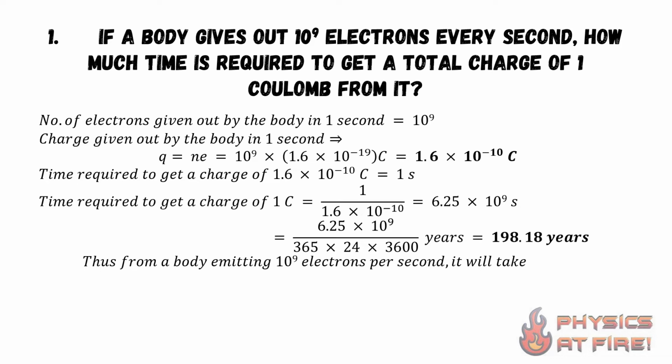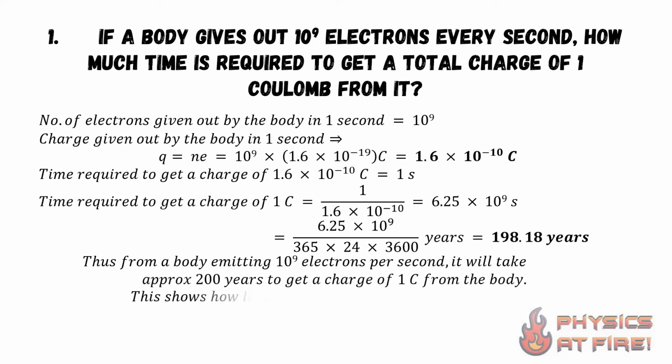Thus, from a body emitting 10 raised to power 9 electrons per second, it will take about 200 years to get a charge of 1 coulomb from the body. This shows how large is 1 coulomb as the unit of charge.